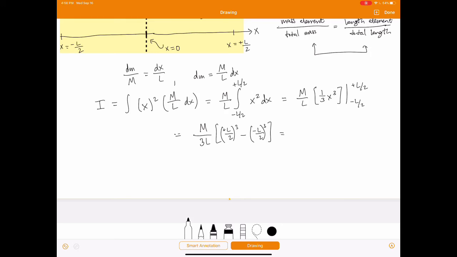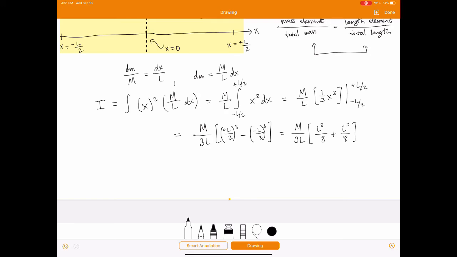Okay, so I have M over 3L. With my top limit, I get L cubed, and then 2 cubed is 8 on the bottom. Okay, so I have minus, but I also have another negative sign. So this is going to be plus L cubed over 8 for the other term.